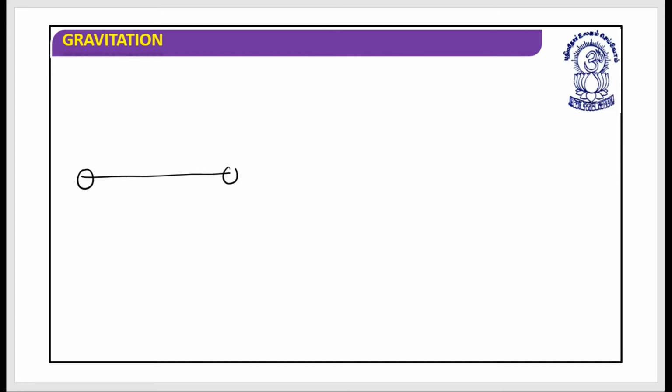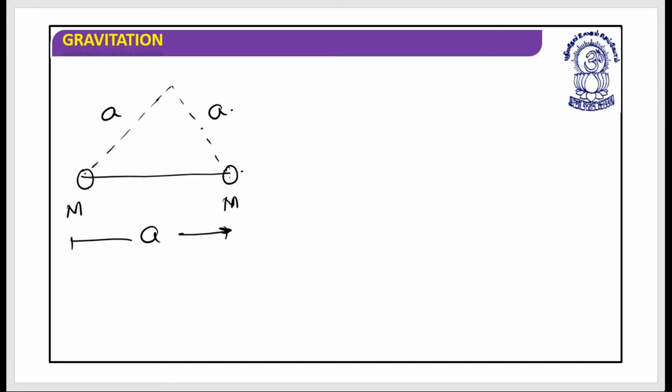Let's say the situation is two masses are there. This is m, this is m. This is the separation between these two masses, and this is the location where you require the gravitational field. This is a, this is a.